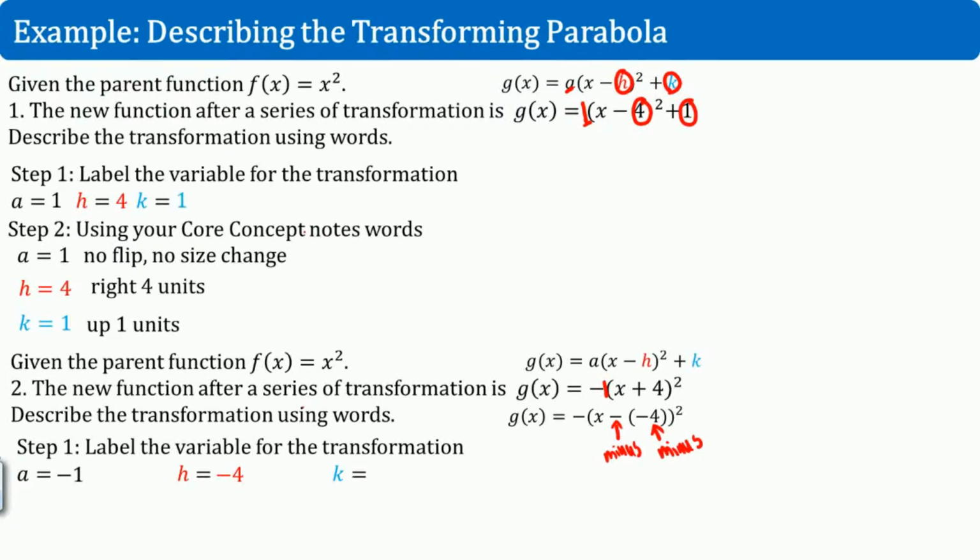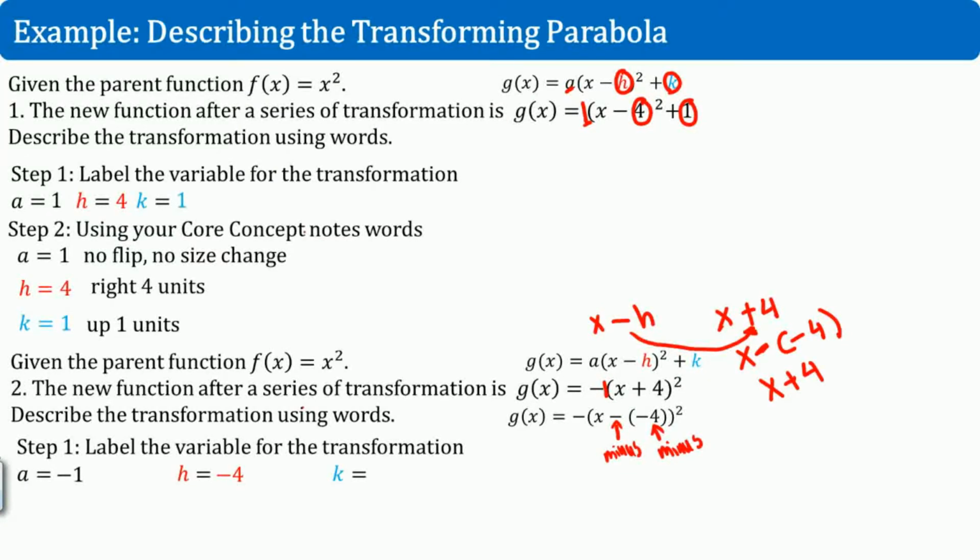Notice it is x minus h, but here it was x plus 4. I had to make this a negative by making the h value negative. So it becomes x minus parentheses minus 4, because when I multiply these together, it becomes x plus 4.